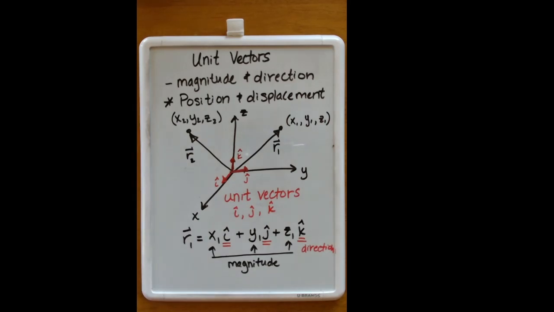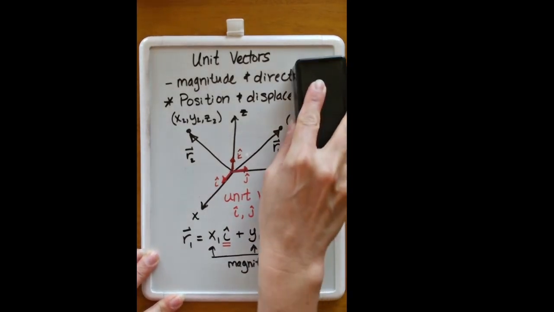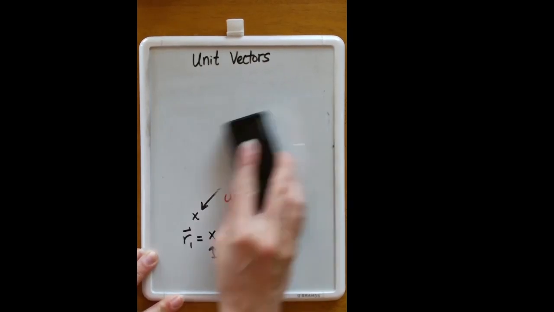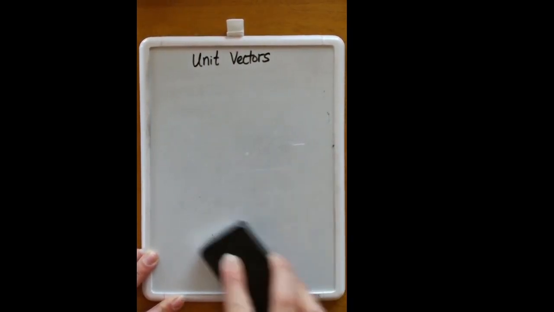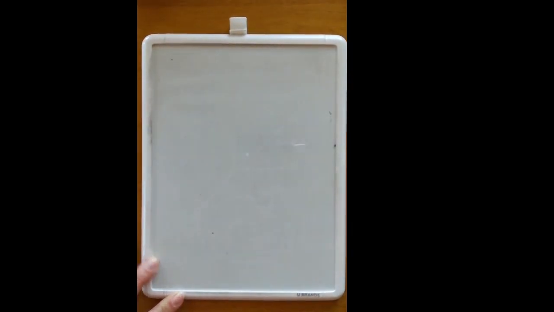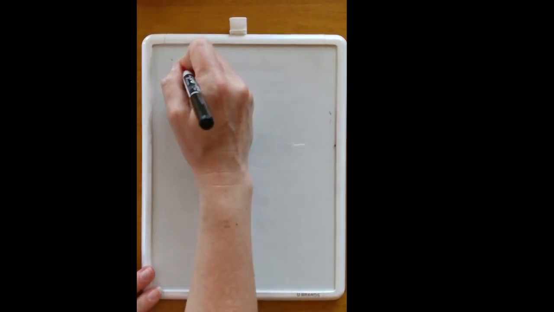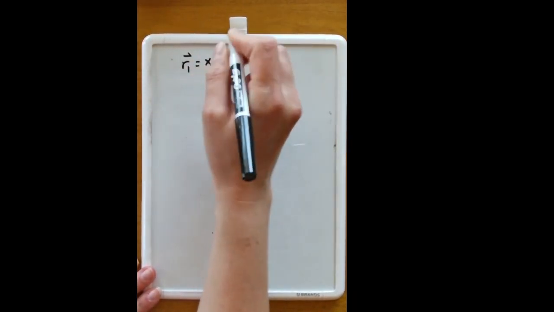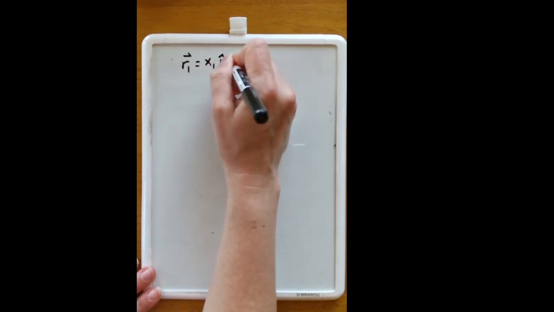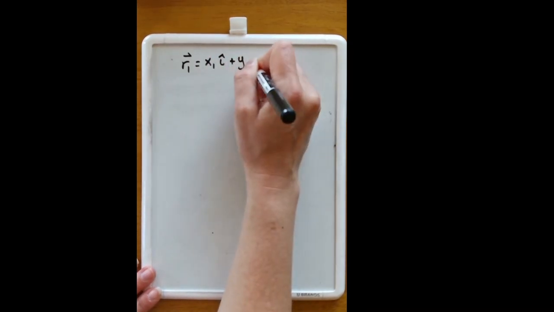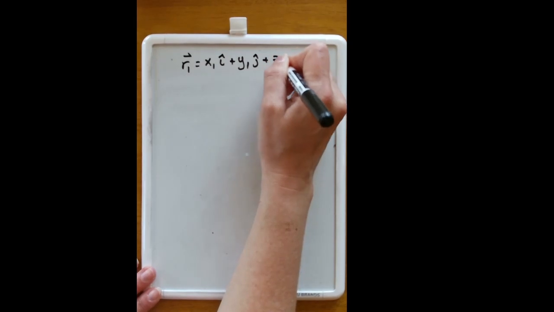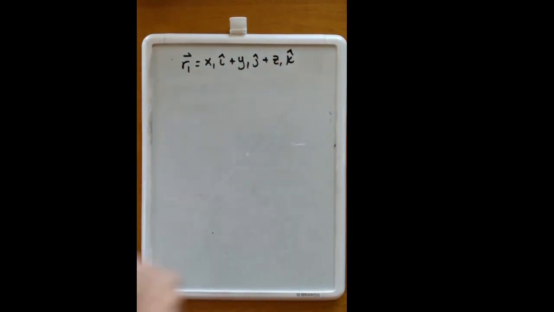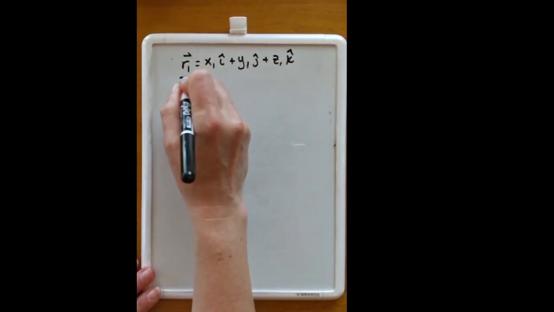Okay, so I am going to erase our coordinate system, and we're going to start working with R1 and R2. So we said R1 is x1 i hat plus y1 j hat plus z1 k hat. R2 is going to be the same setup.